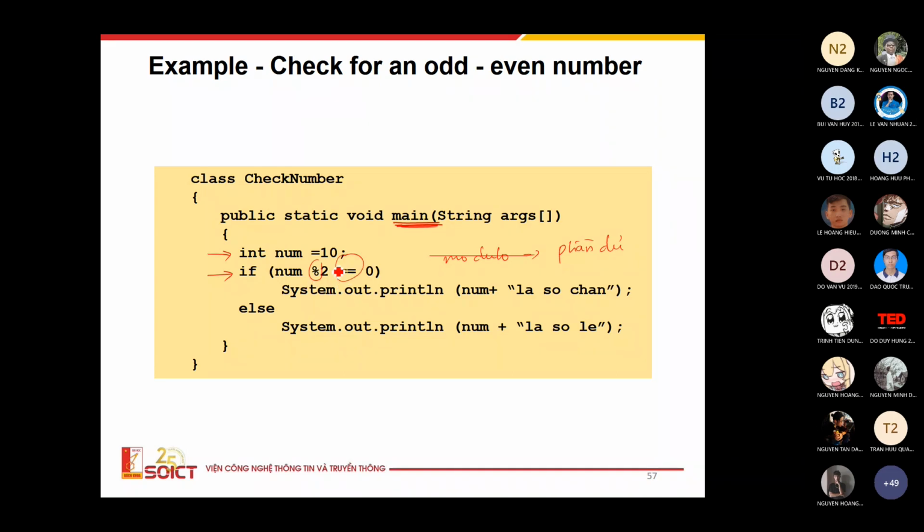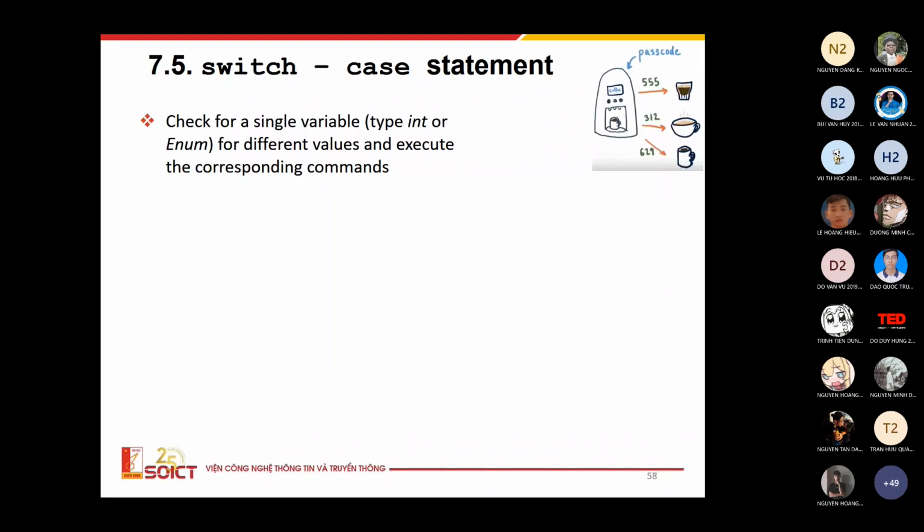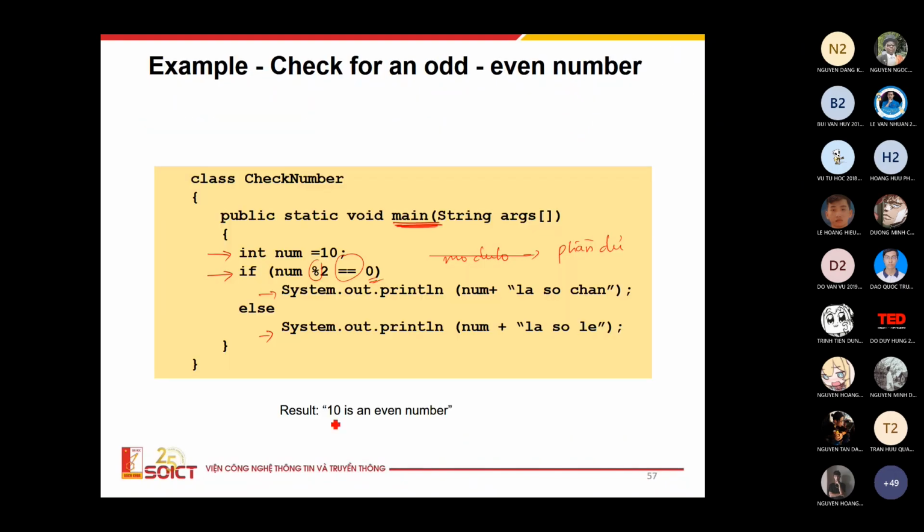And you check whether the modulo is equal to 0. And then you will print out the output. I think we cannot run this because we don't have enough time. And for this, you will see the result.